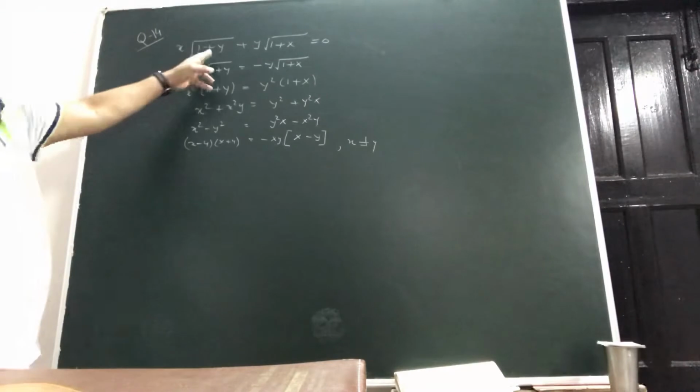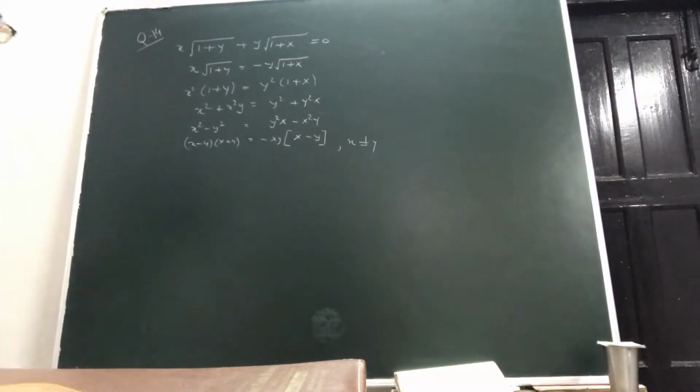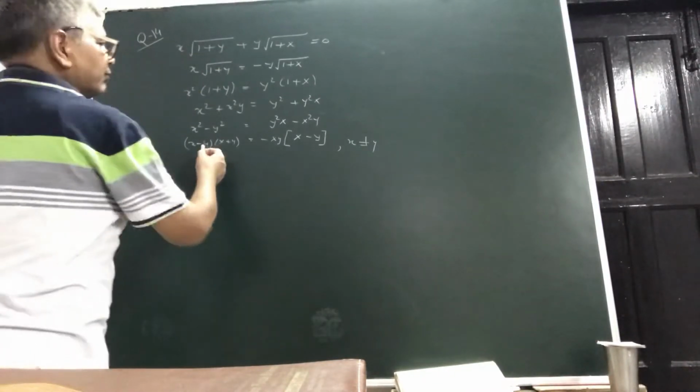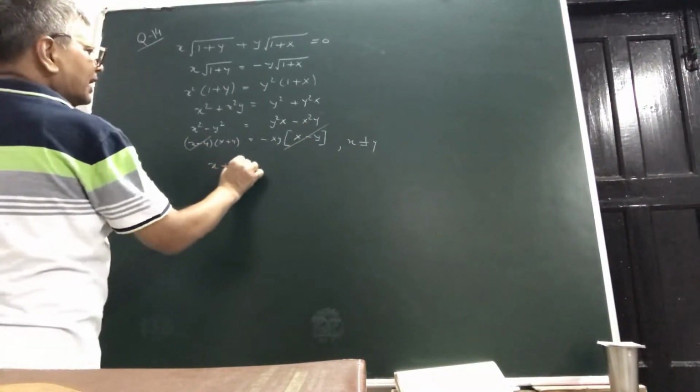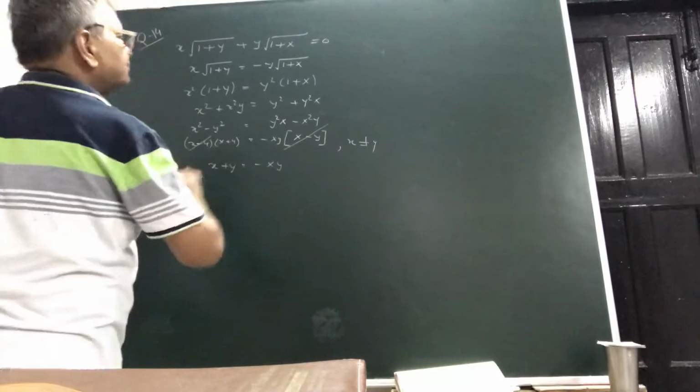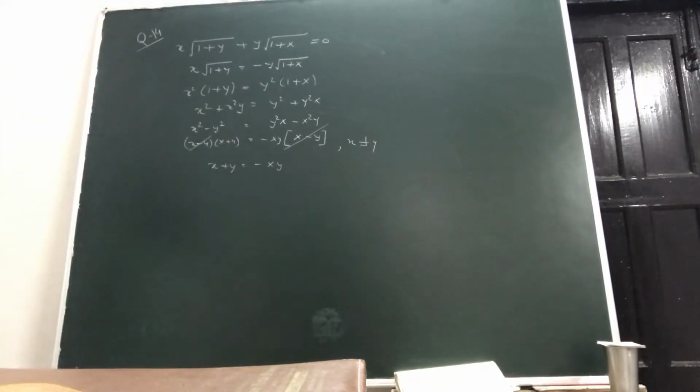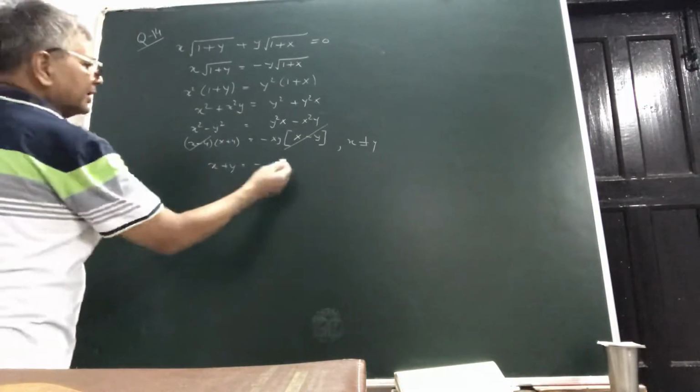So naturally y has to be some function of x. It can't be exactly equal to x. So we are justified in cancelling this thing, and what you will get is x plus y is equal to minus xy.